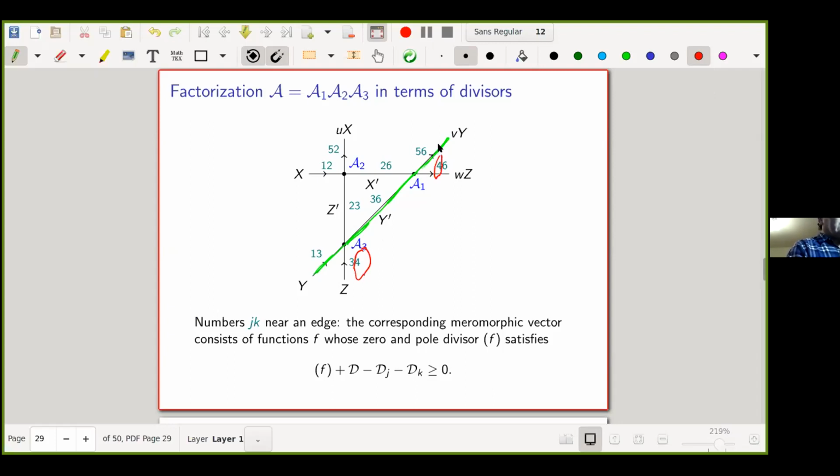And to the left of it, we everywhere see this divisor number 2. Let it also be red.